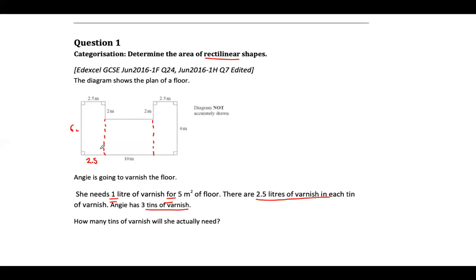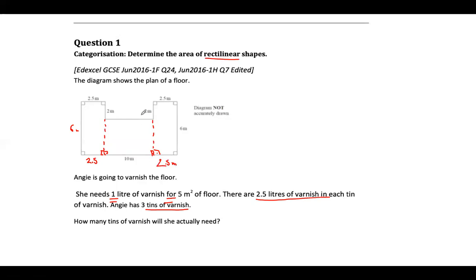We created this rectangle ourselves by drawing this perpendicular dotted line. This angle here is going to be 90 degrees, obviously this angle is 90 degrees, and so this side is going to be 2.5 meters.